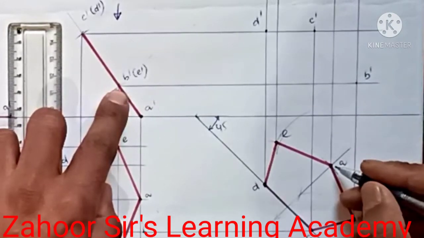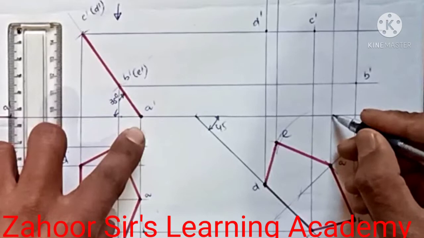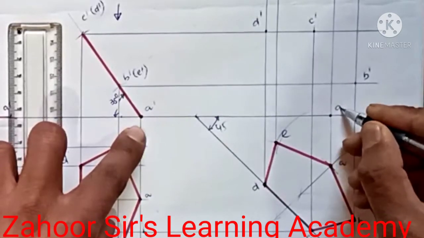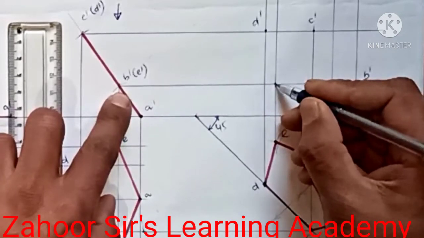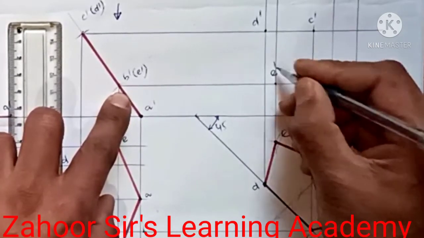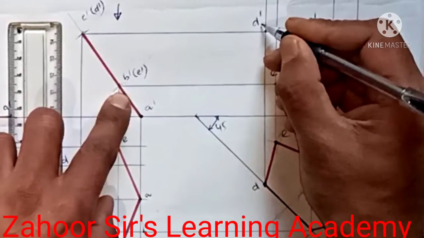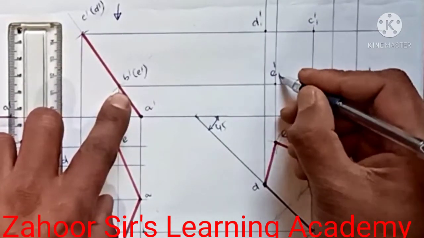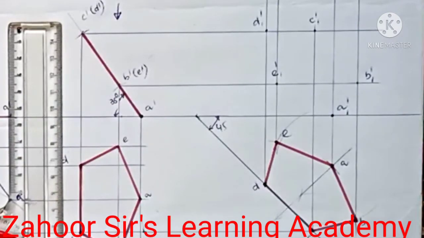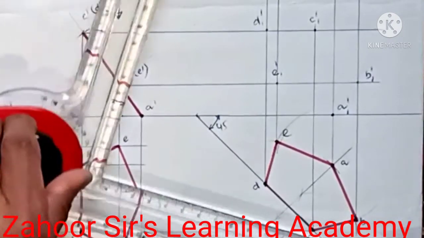This is A and this point is my A prime, and this one is E and this point is E prime. To distinguish them, you can write D1 prime, C1 prime, B1 prime. Now we need to join them together.